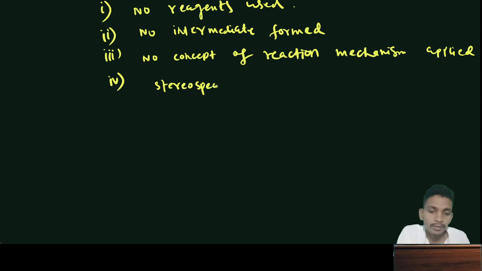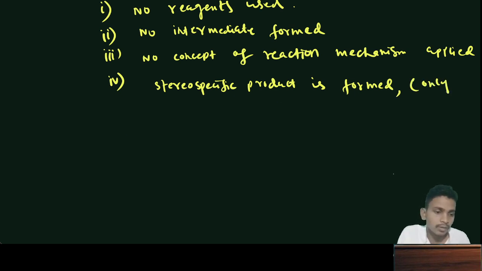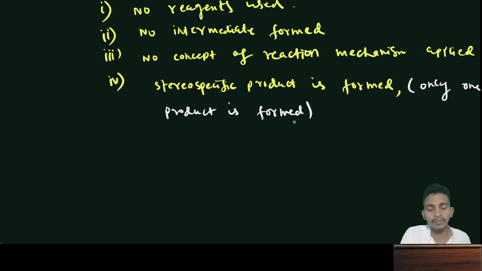Stereospecific product is formed, it means only one product is formed. So you don't need to look whether it is R or S. So no need to worry about the stereochemistry here, because only one product is formed.